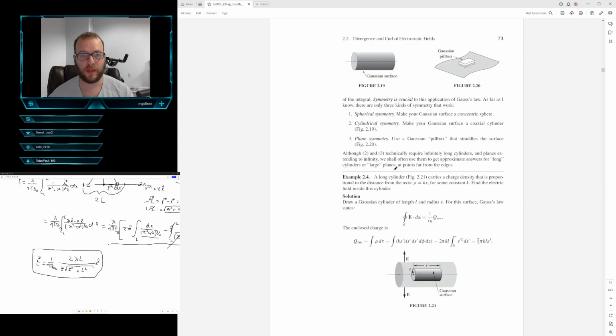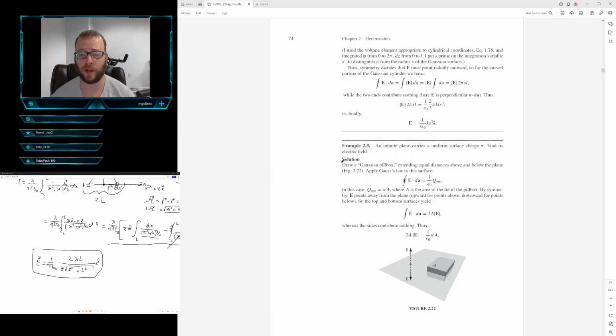But in reality, there are really only 3 problems that we can do with Gauss's law. And they all have to have some kind of symmetry, in order for us to make cancellations. So let's move through, and we can go through these examples or we can skip them. If people would want to, I can go back over these problems.